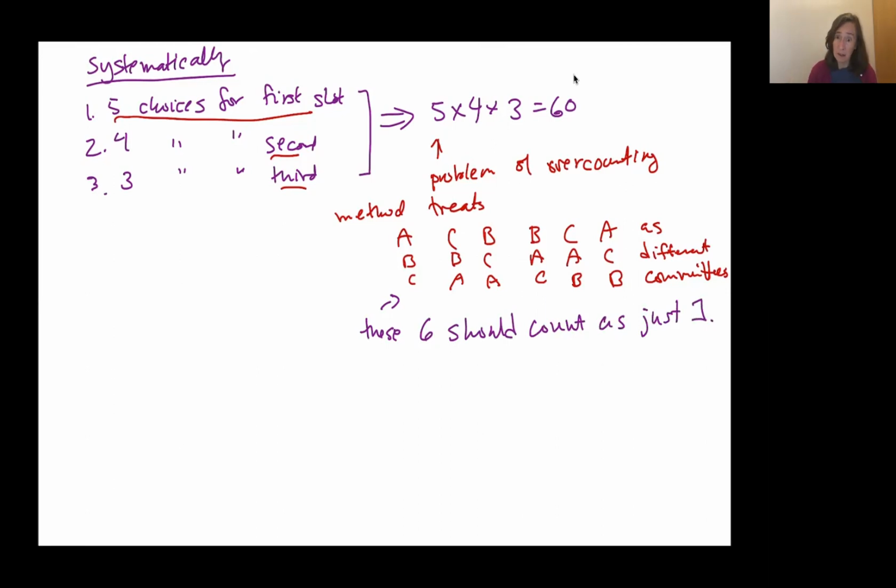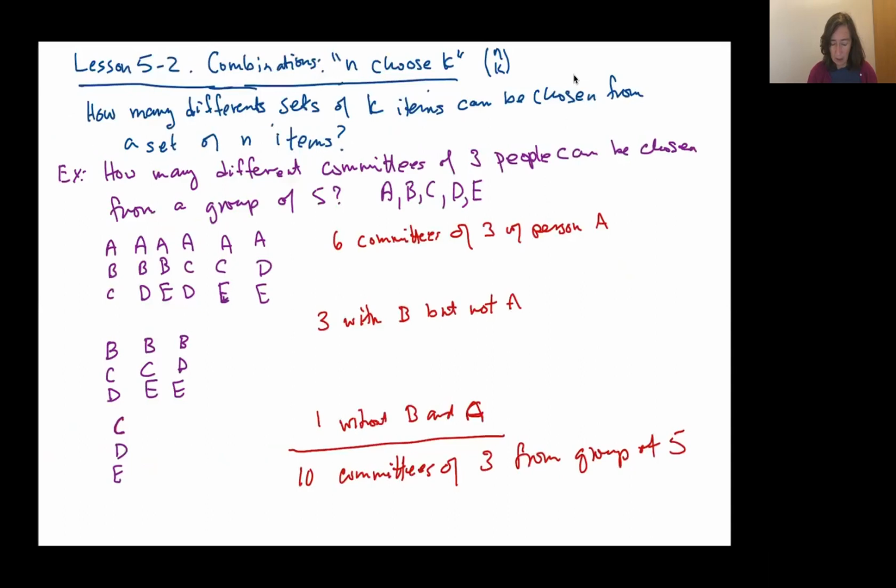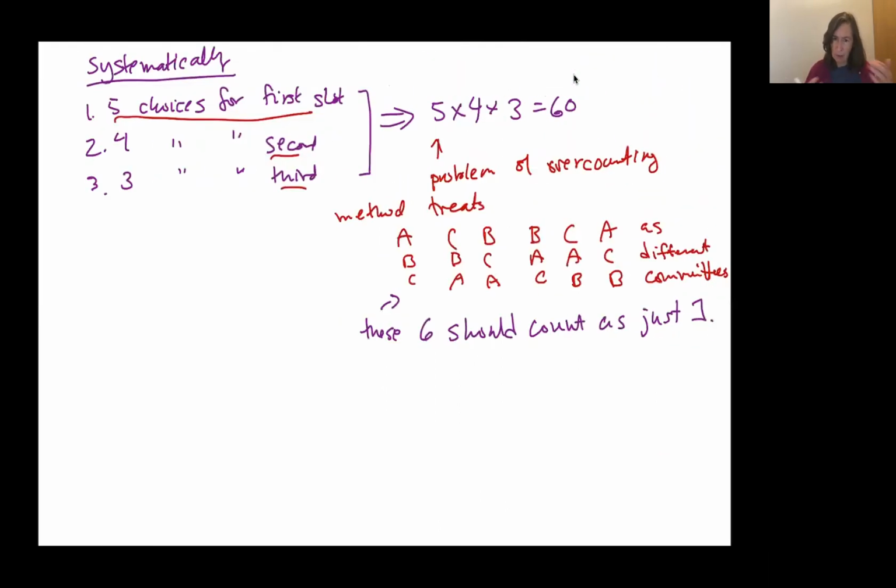Okay, now that reconciles it, right? Because when we just enumerated, our answer was 10. And when we tried to be systematic, but had this problem of overcounting, we were over by a factor of 6. So if we divide out the 6, then we'll get the correct answer here.